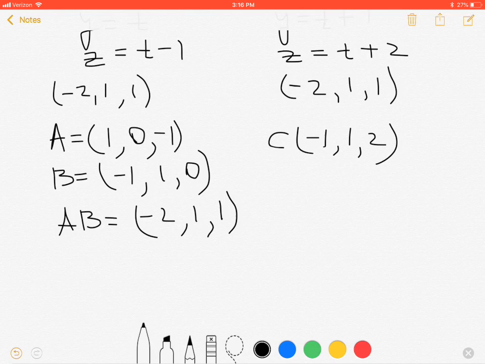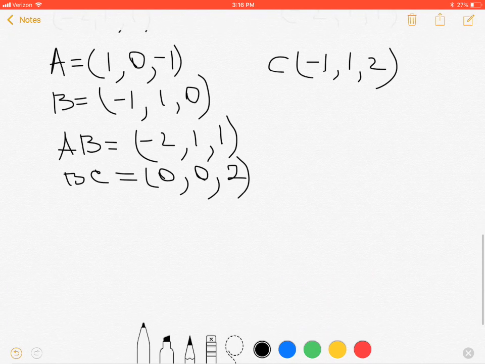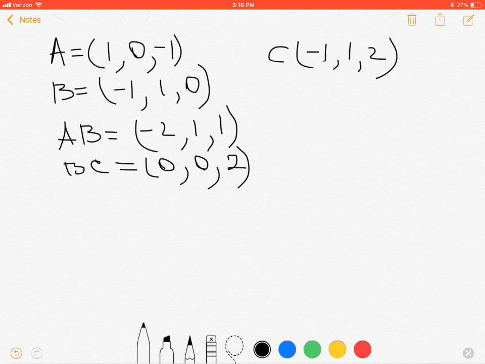Vector, let's go BC. It will be negative 1 subtract negative 1, it will be 0. 1 minus 1, it will be 0. And here is only 2. Okay, these are two vectors, two segments that stay in our plane.